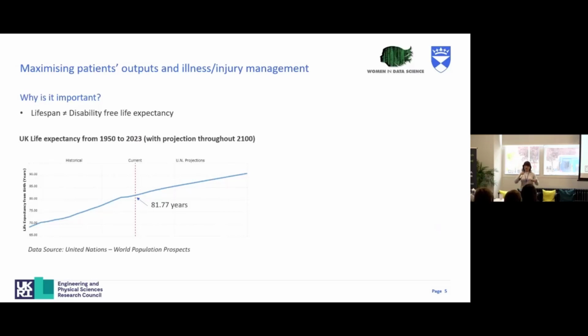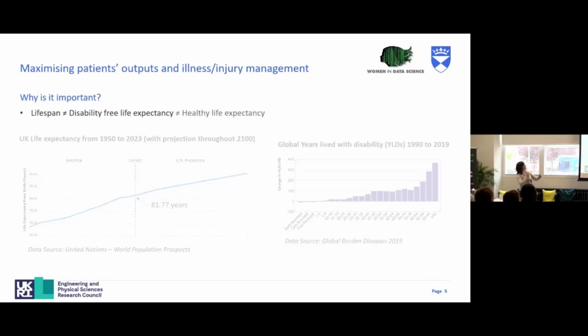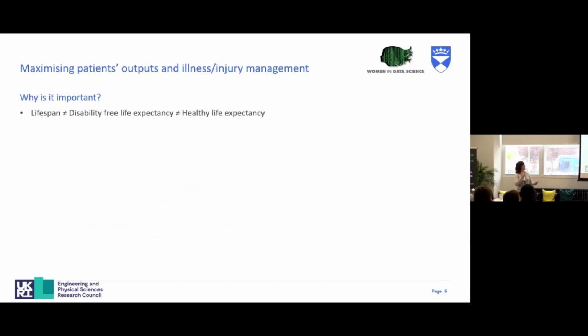That means people are living longer, but living longer with a disability. And if we look at the graph, it's the change in years of disability within the last 10 years or so. For people under 30, it's a 100% change. If we're living longer, then we're going to have more people living with a disability, which is quite harsh. And that hasn't translated to healthy life expectancy.